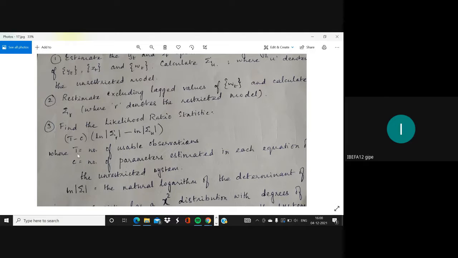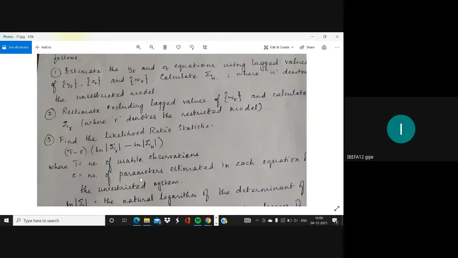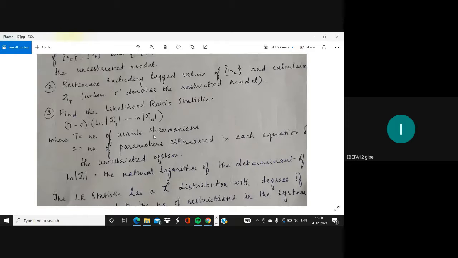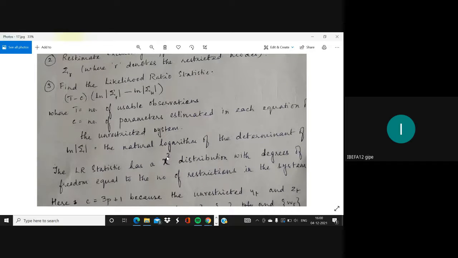Then c is the number of parameters estimated in each equation of the unrestricted system, which will be available to us from step 1 and step 2. Once you calculate this likelihood ratio statistic, it has a chi-square distribution with degrees of freedom equal to the number of restrictions in the system.